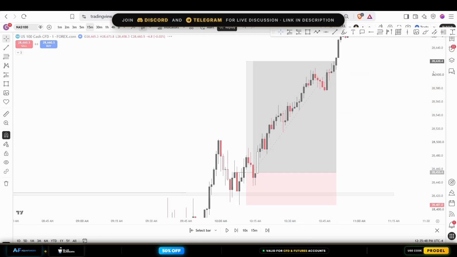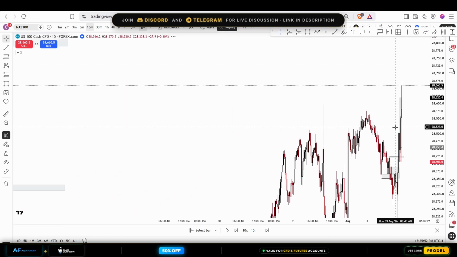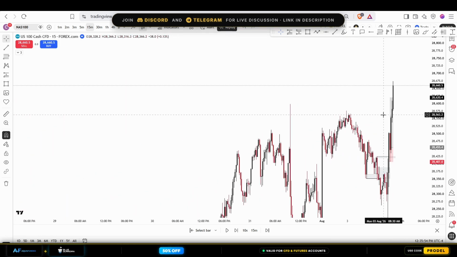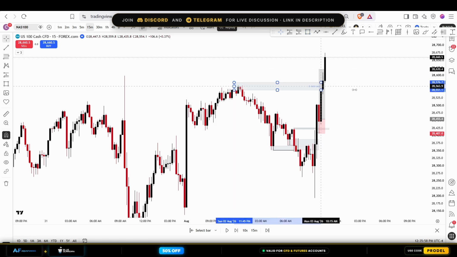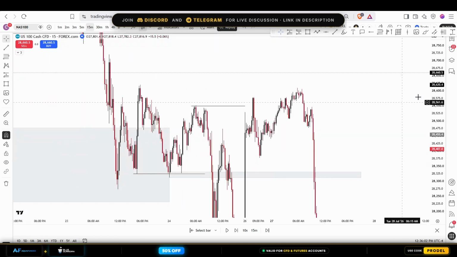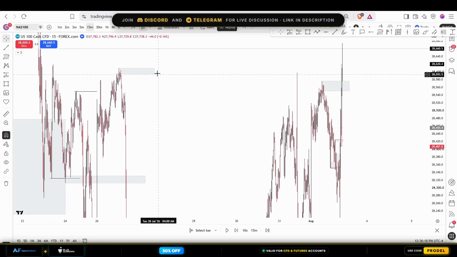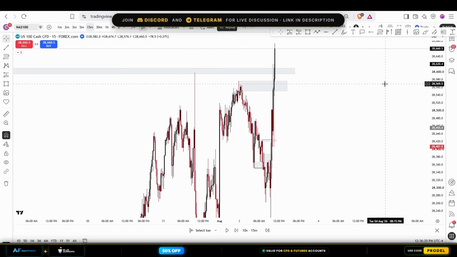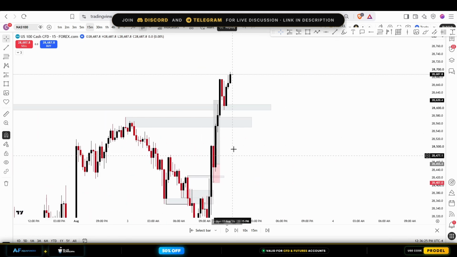And after that, you can see here on the 15-minute there was the external range also. This is the external range, and also there was another external high here. This is far from the current market, so I just ignored that level, but this level also worked perfectly.